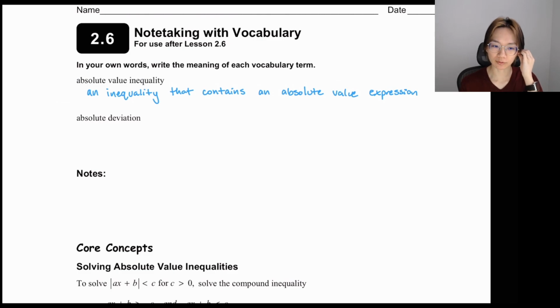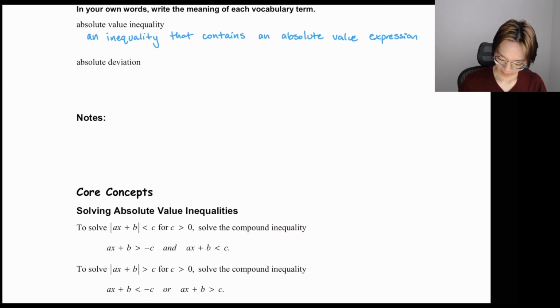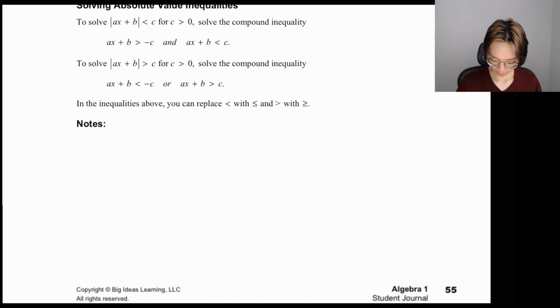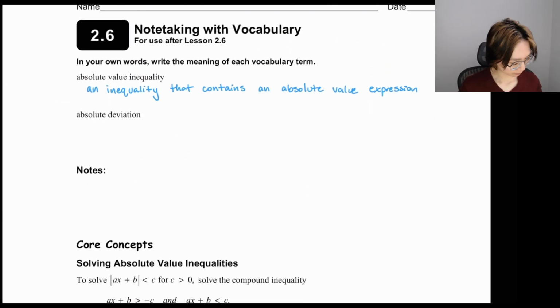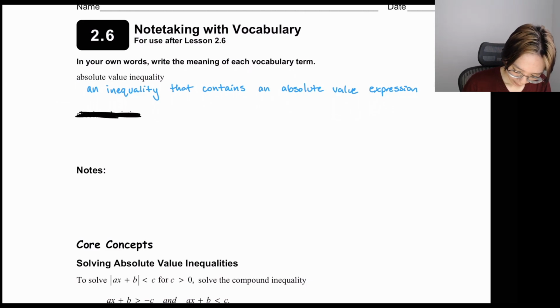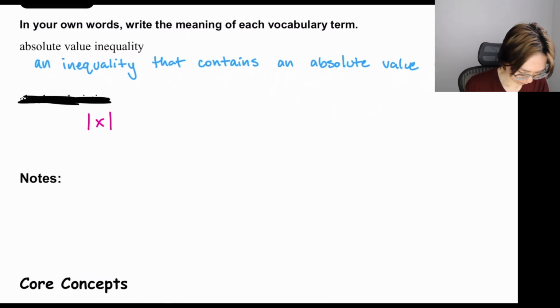Absolute deviation, we're not going to go over that. I'm going to skip right over it. But let's say, for example, I'm going to use this section up here. If we have, for example, and let's just cross this out to make sure we know it's not related, the absolute value of x is less than 2.